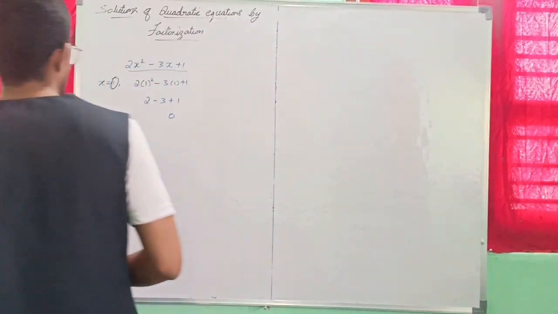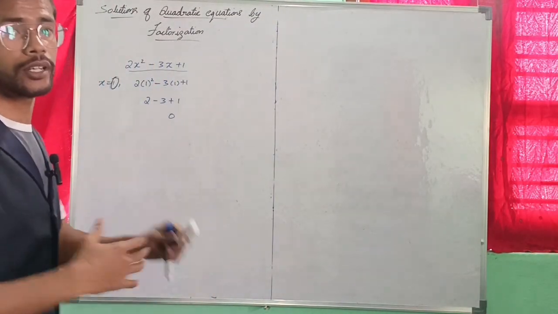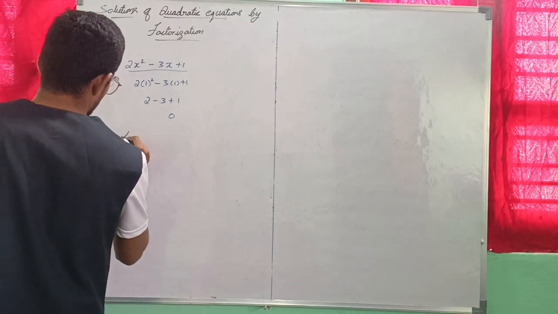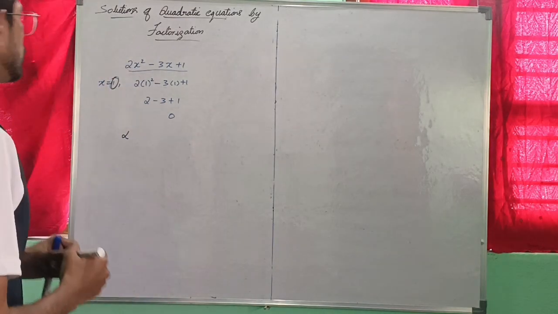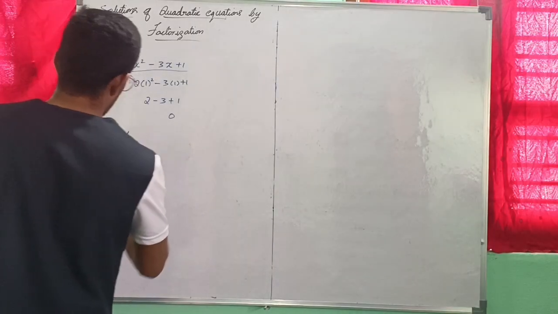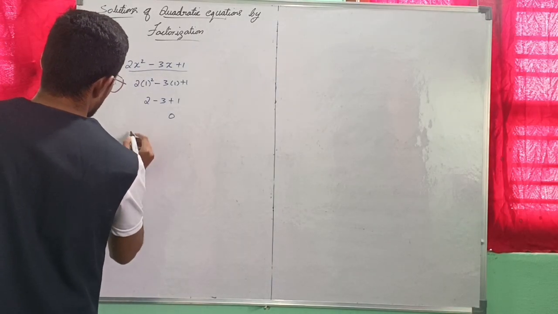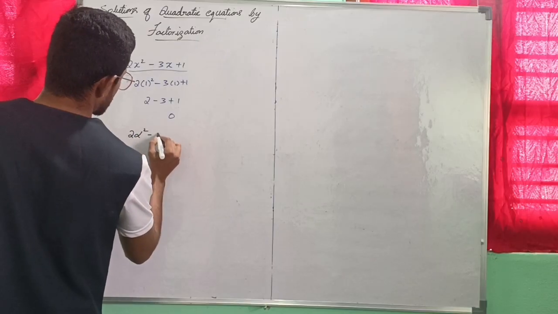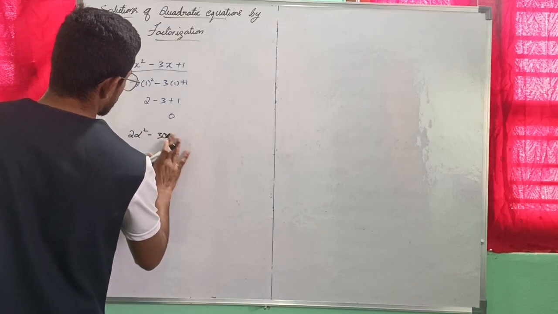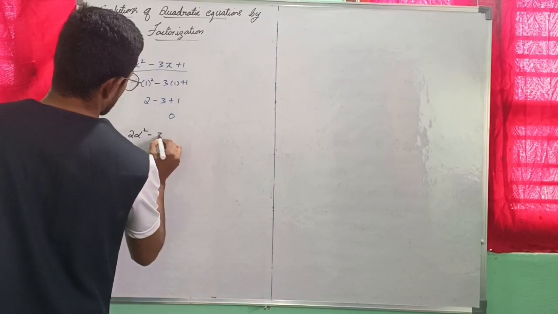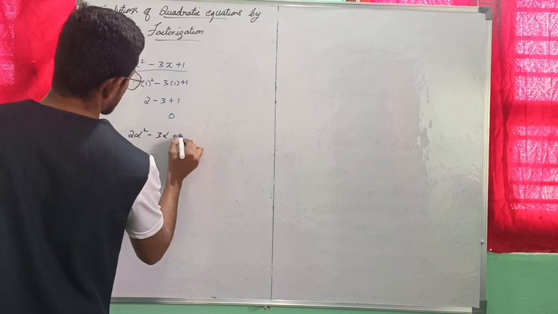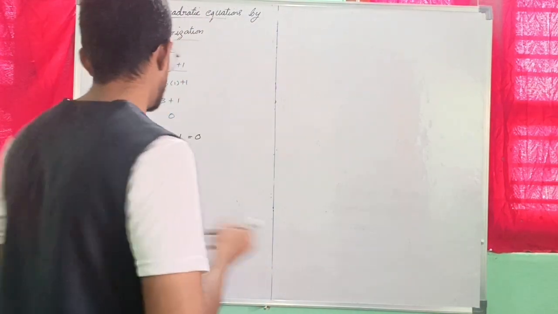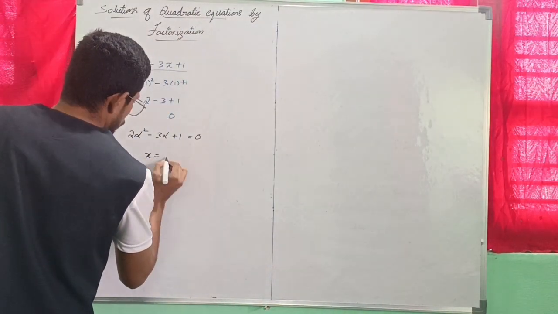Okay, in general, we take the root as alpha. That is, we can take 2 alpha square minus 3 alpha plus 1 is equal to 0, where x is equal to alpha.